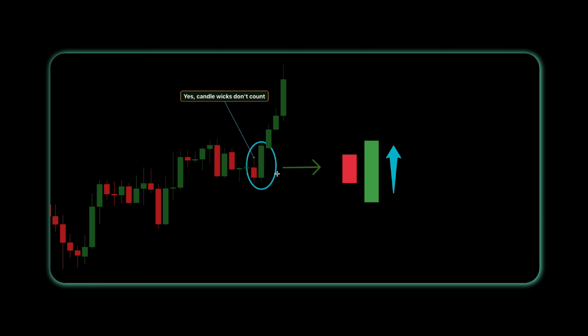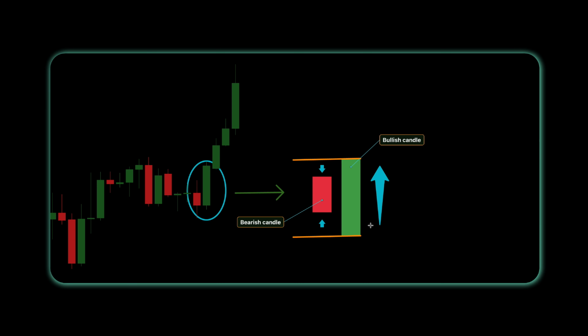The bullish engulfing starts off with this smaller candle here, which is a red bearish candle, followed by this big engulfing candle. What is important here is that the bullish engulfing candle should be bigger than the engulfed candle, which is a smaller red candle inside it. As you can see, it should be within the body of the bullish engulfing candle.